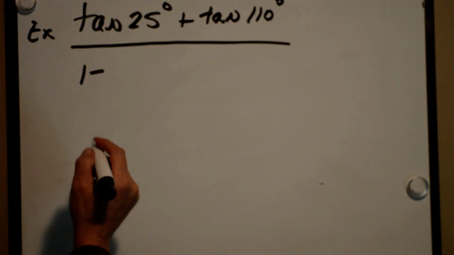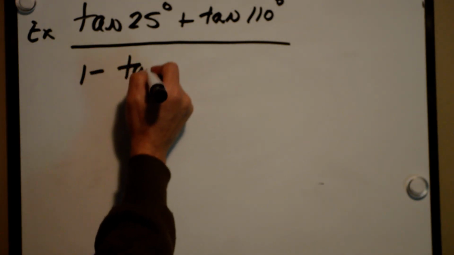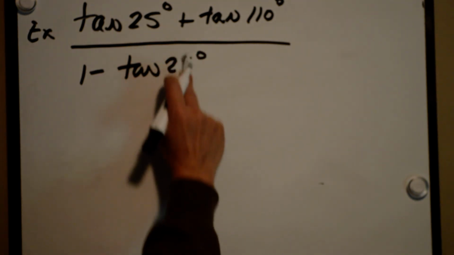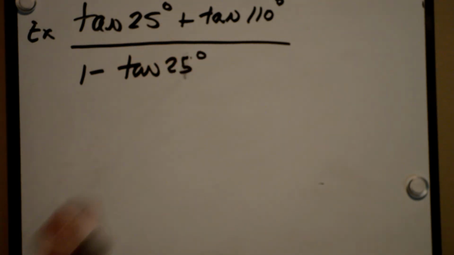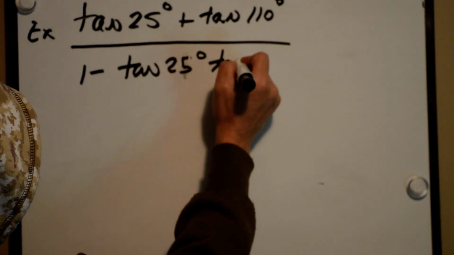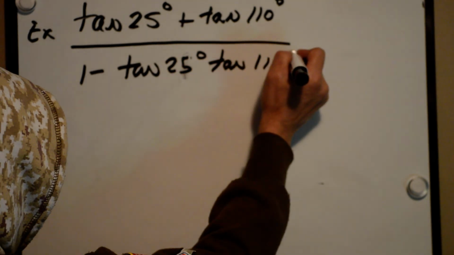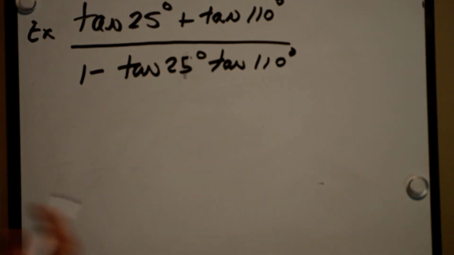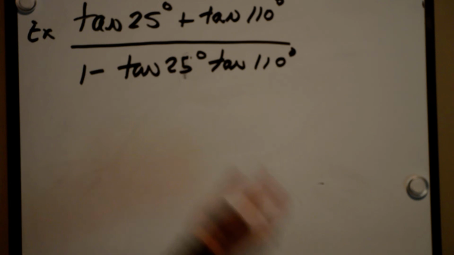Over 1 minus the tangent of 25 degrees times the tangent of 110 degrees. That is the right-hand side of your formula. We are just going to work with the left-hand side of that equal sign.